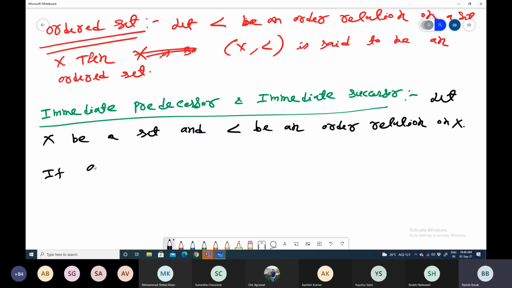Now if A less than B, then we can define this interval, that is the open interval AB.